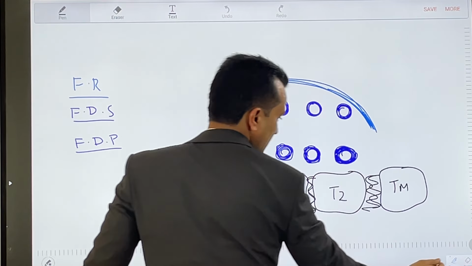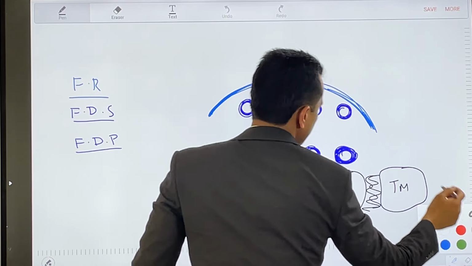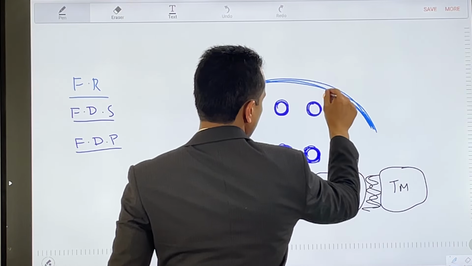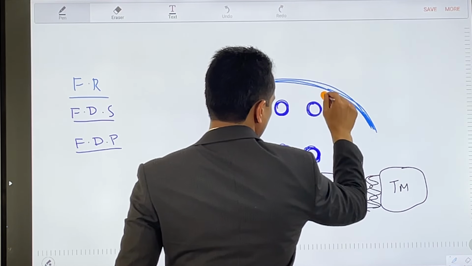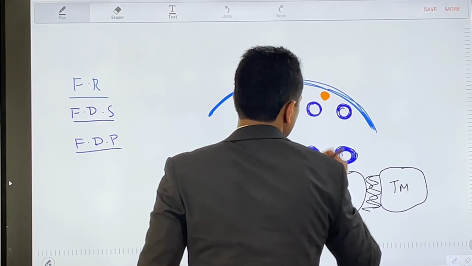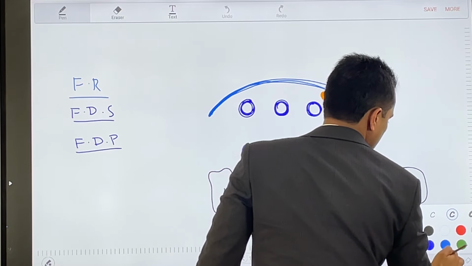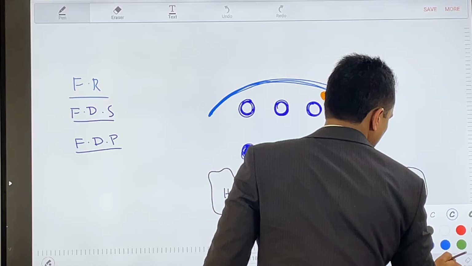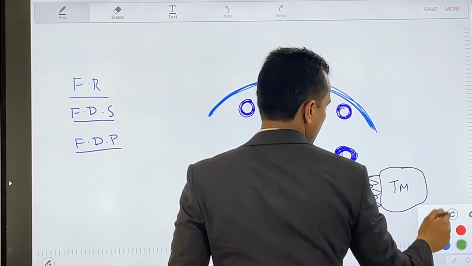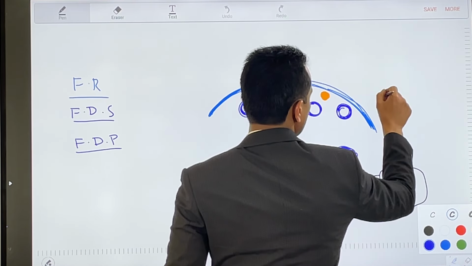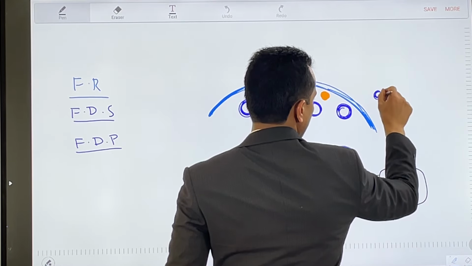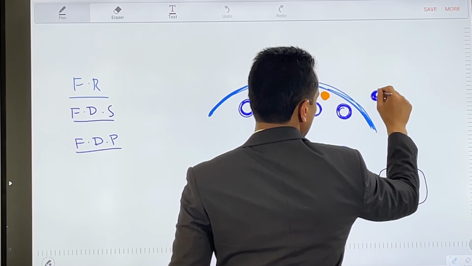The structure inside the tunnel, which I told you is preserved here, is your median nerve. Suppose this is the median nerve here, and it is further preserved laterally by two tendons. One tendon on the outer side is the flexor carpi radialis. Later I will show you the structure.